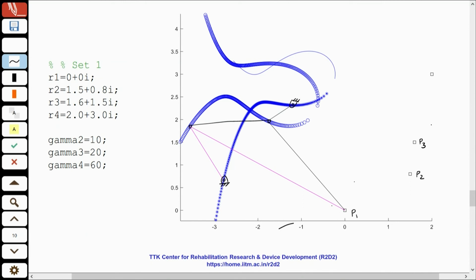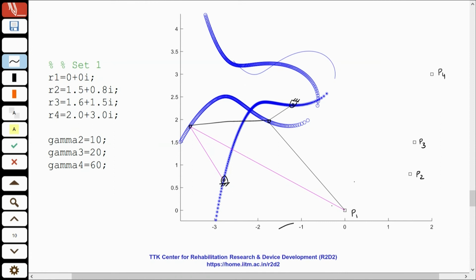Even in this method of synthesis we have no way of knowing about the final linkage's behavior in between the positions. We know that it can be assembled in those 4 positions.